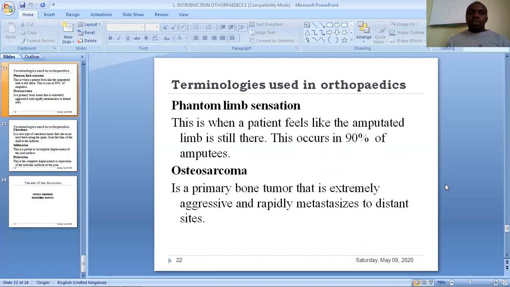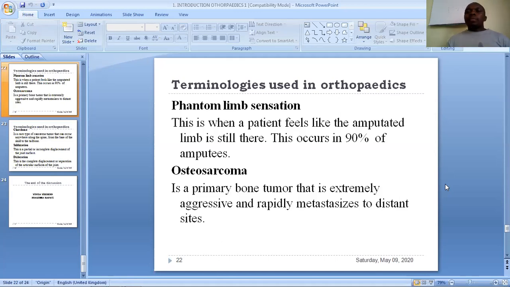The other terminology to look at is phantom limb sensation. This is when a patient feels like the amputated limb is still there. This occurs in about 90% of amputees. The client who has undergone amputation is known as an amputee, whereas the surgeon who conducts the amputation is known as, you can guess the answer for me because you've done this.